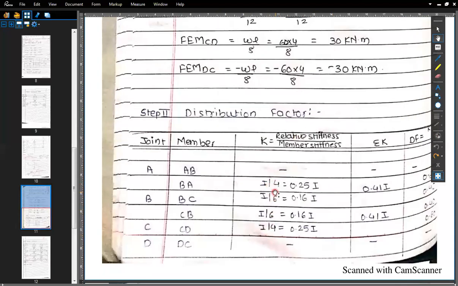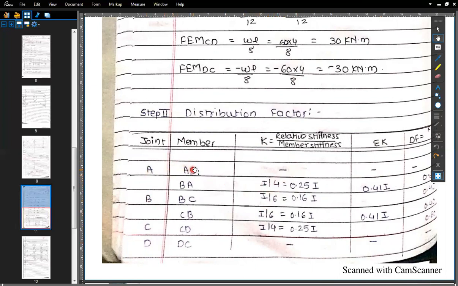So that's why we are going to keep I by L, with L as the length of the beam. According to that we have calculated K, and this summation of K is the summation of the members meeting at that particular joint.